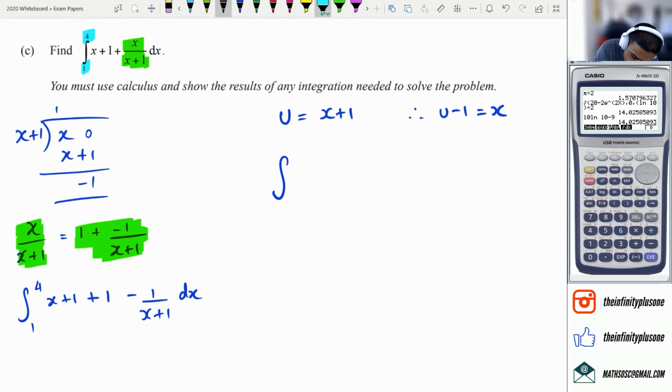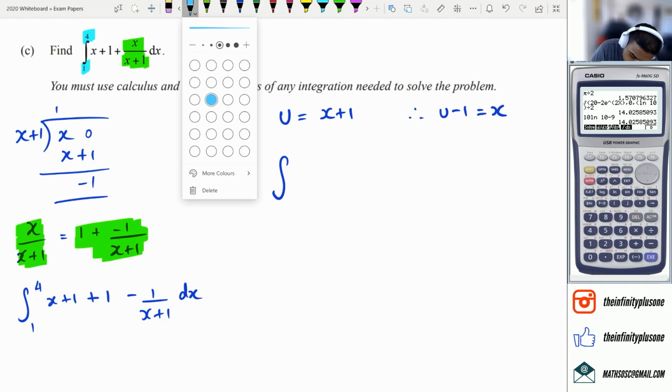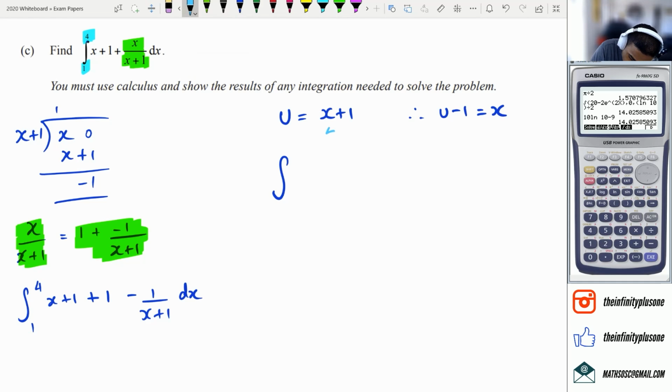The way we're going to do it is by using u: if it's 4 plus 1, this is going to be 5, and if it's 1 plus 1, then it's going to be 2. So my two new limits are going to be 5 and 2. And notice how, because I said that u is equal to x plus 1, I could replace this x plus 1 with u.